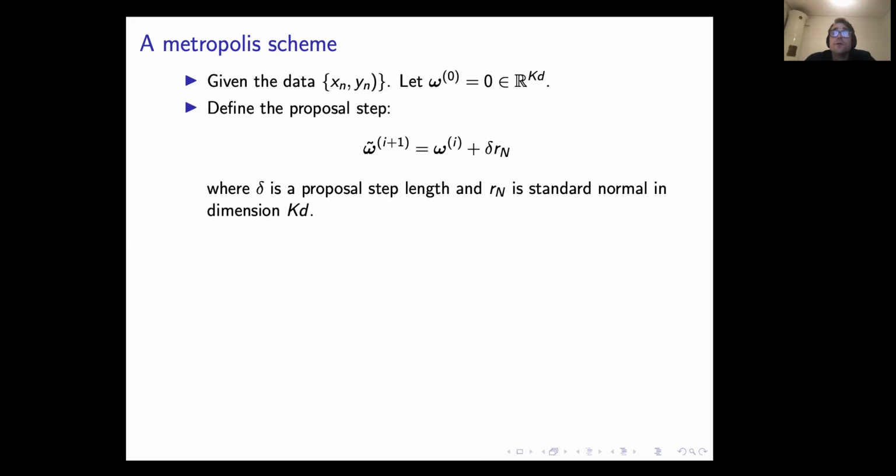We define a proposal step. You have some step length delta. You have a standard normal in dimension kd, and you take a random step in R^kd. You get some proposed new frequency set.